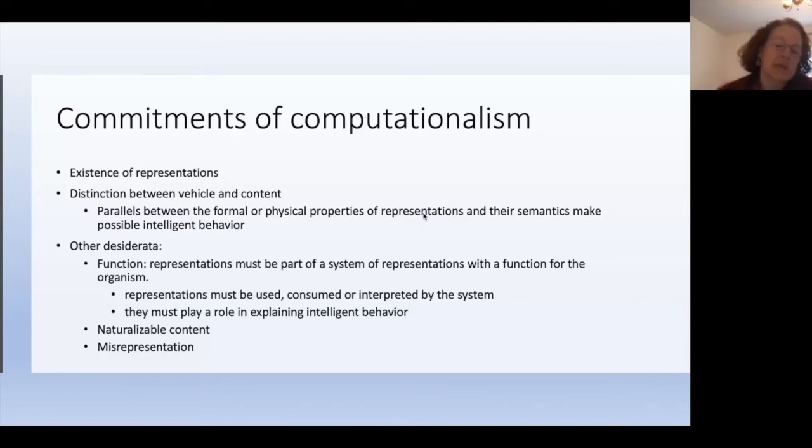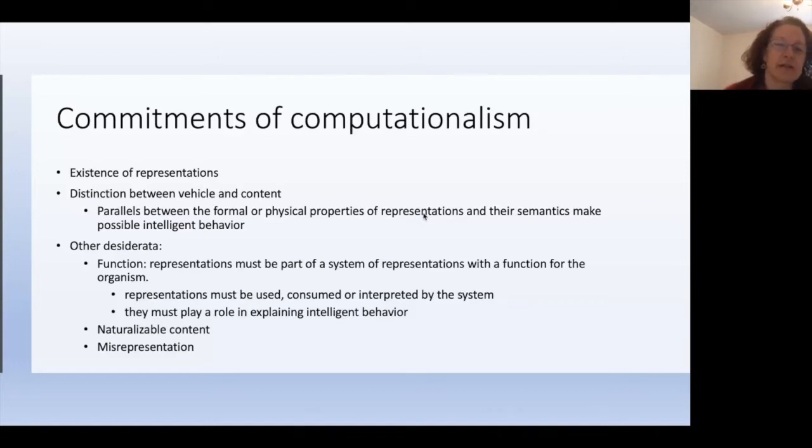And then there have been other desiderata that have been elucidated more than I speak about here, but the main ones I think are that there's a systematicity to these kinds of computational systems. So representations have to be part of a system of representation that has a function for the organism. And that entails that those representations have to be used by the system itself. They have to be used, consumed, or interpreted. And they also have to play a role in explaining intelligent behavior.